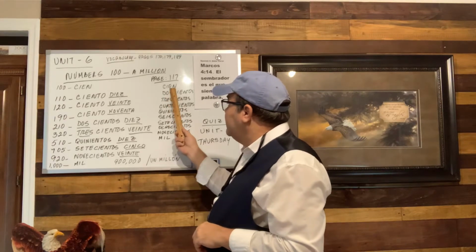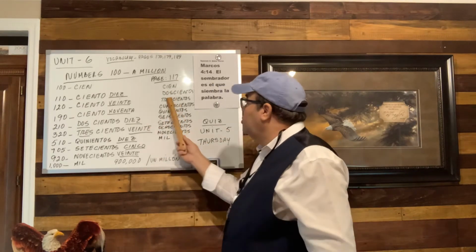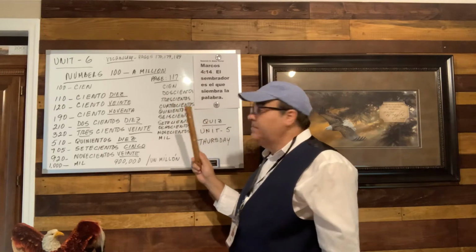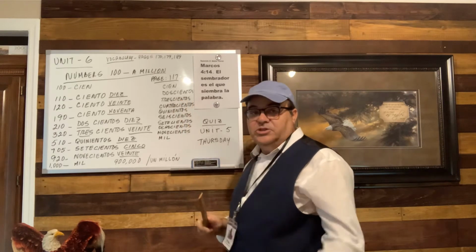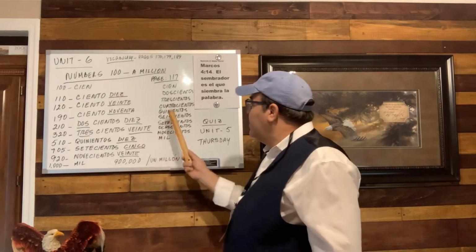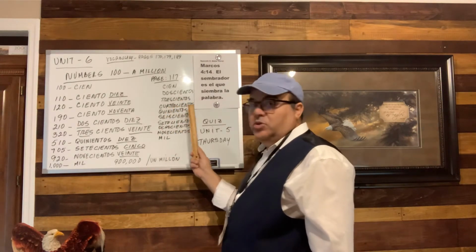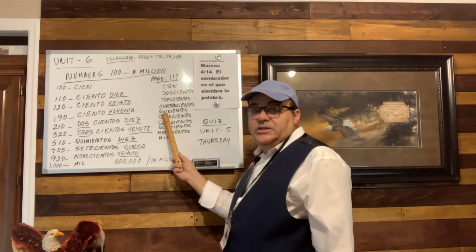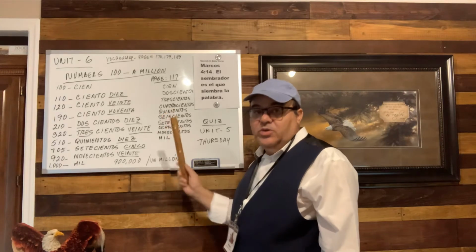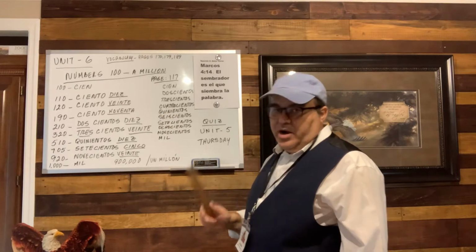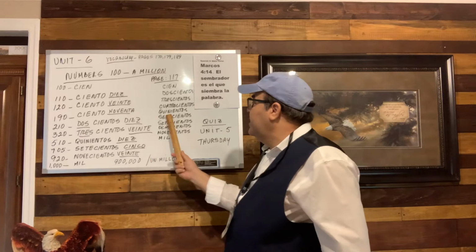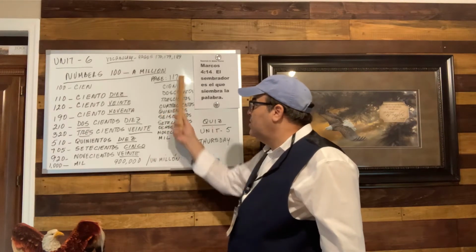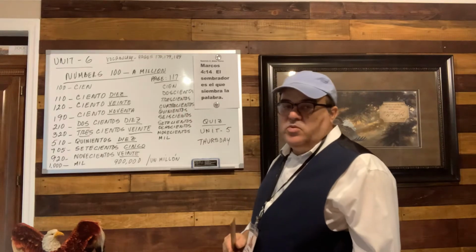So it's going to be 100, 200, 300, 400. Now in this one, it's not 'cinco cientos', because 5 is 'quinientos'. You can find that one on page 117.